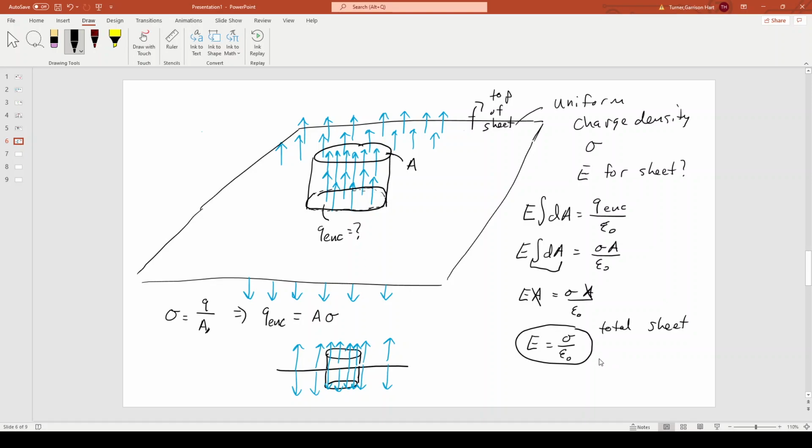Okay, this is for the total sheet. When you only look at the top or bottom, if I only look at the top or bottom, then I'm capturing half of the total flux. And so the field is only half that strength.